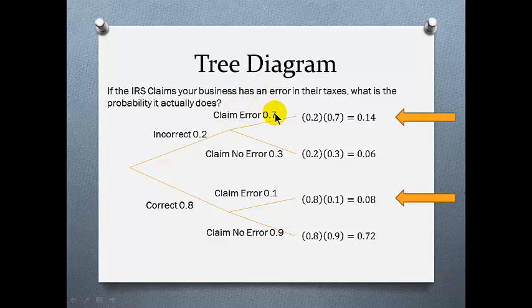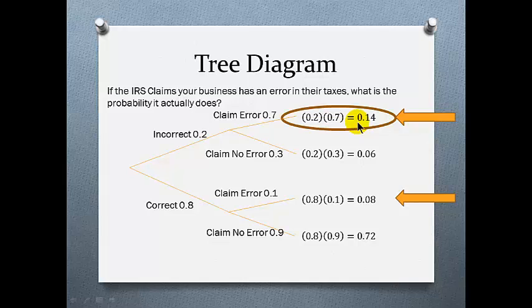Up here there's a claimed error. Down here there's a claimed error. Both of these make up the claimed error. What I'm interested in is what is the probability that it actually does. So where's my incorrect, claimed error? It's right here. So this is my numerator. This is the probability that both happen. Incorrect and a claimed error is 0.14.